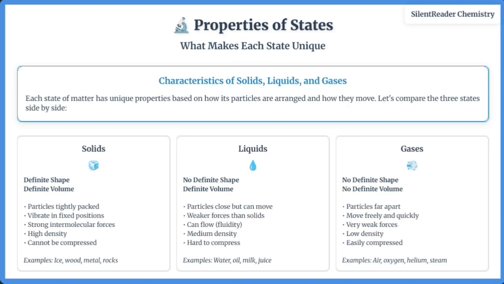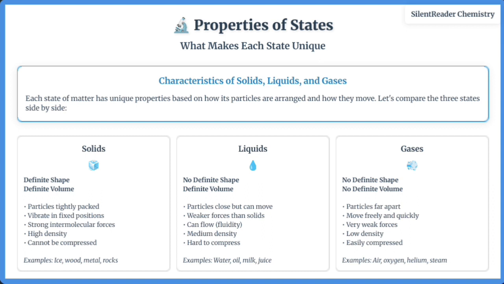Now let's compare the properties of solids, liquids, and gases. Solids have definite shape and volume because their particles are tightly packed and vibrate in fixed positions with strong intermolecular forces. Liquids have definite volume but take the shape of their container because particles can slide past each other with moderate attraction.